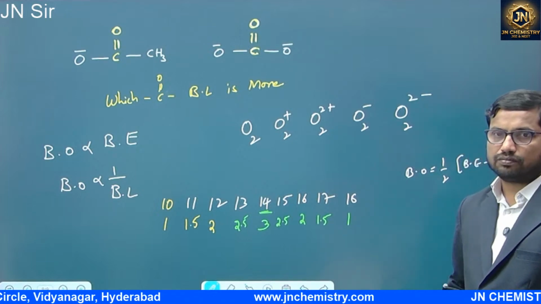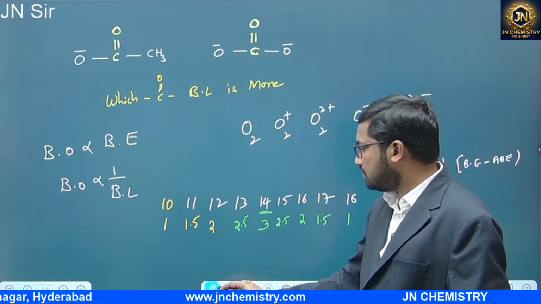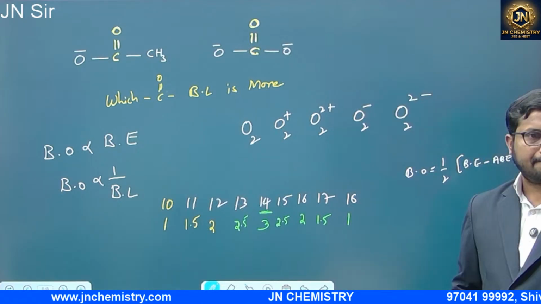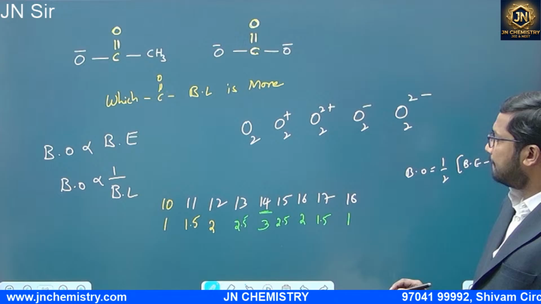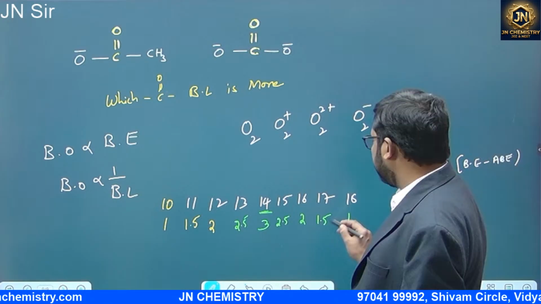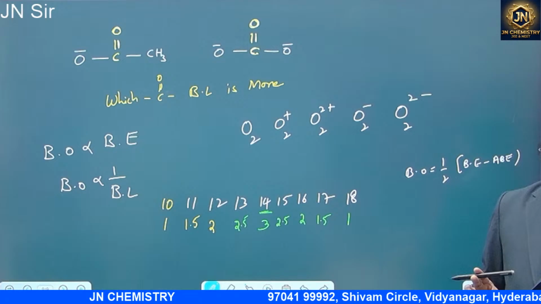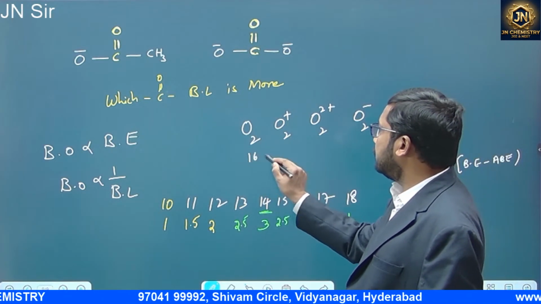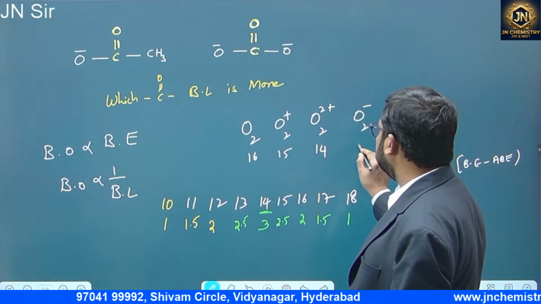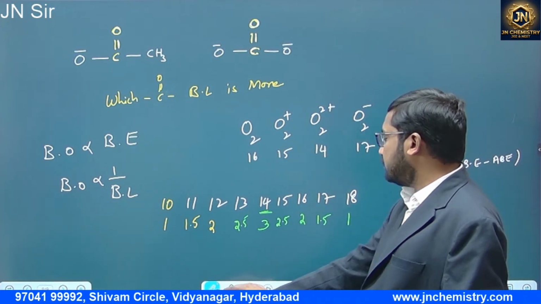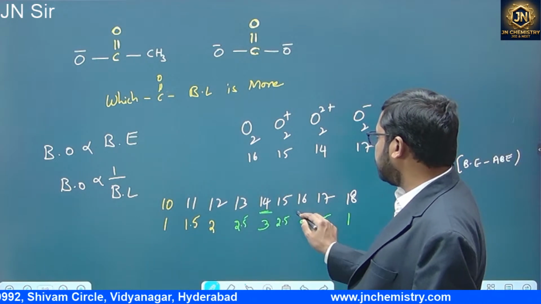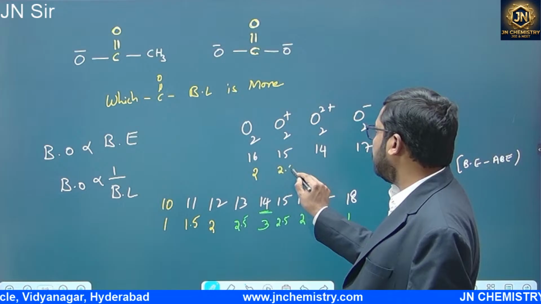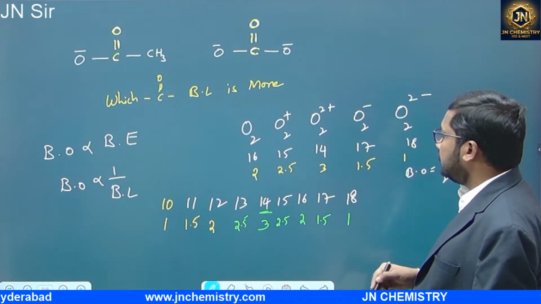After 17 comes 18, right? Here oxygen is 8 plus 8, 16. So just write the number directly. 16 means 2, 15 means 2.5, 14 means 3, then 1.5, 1. Like that.